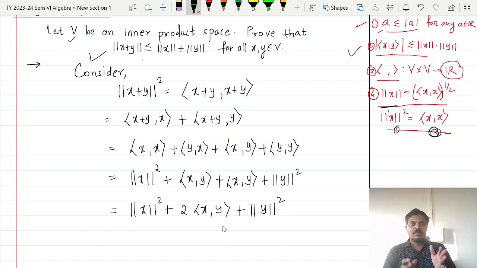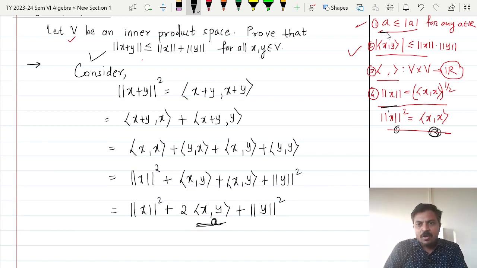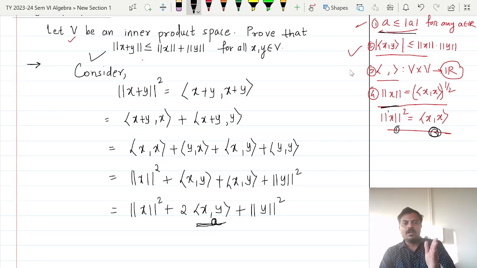Now the question is how to move ahead. As I told you earlier, inner product of two vectors is nothing but a real number. Let us call it a right now. But what do we know? a is always less than or equal to mod a.